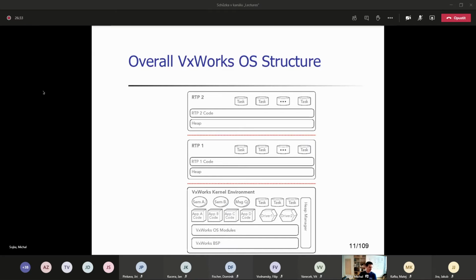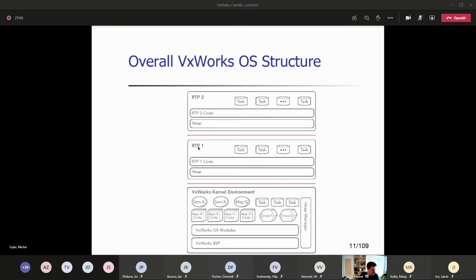Okay, so there are things in the kernel. These are applications, but then there is standard stuff which is in other operating systems, like device drivers, memory manager, some other operating system modules, board support packages, which allow VxWorks to run on various pieces of hardware and so on. And then there are separate user space applications called real-time processes here.